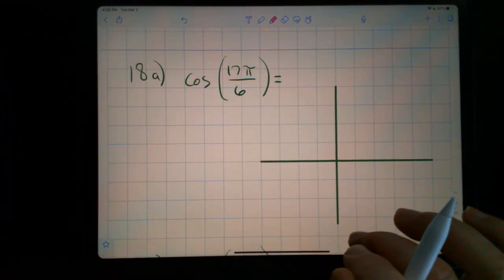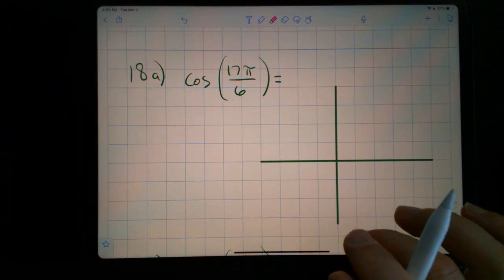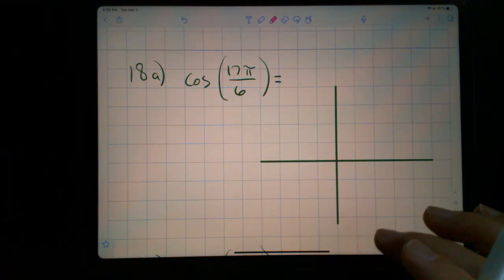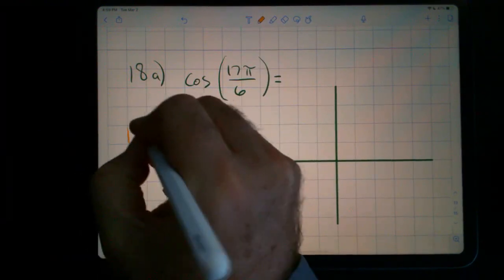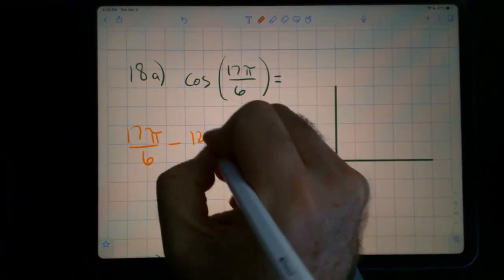17 pi over 6. What if we were to subtract 2 pi?